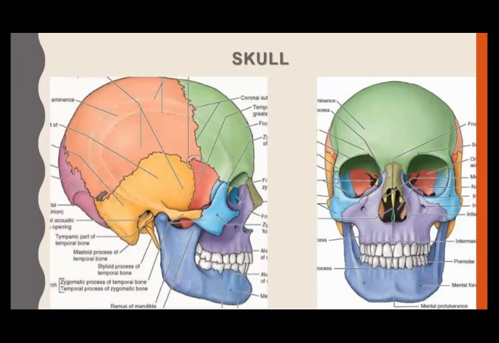So this is the frontal process of the zygomatic bone, and this is the frontal bone that articulates with the zygomatic bone. This would be the zygomatic process of the frontal bone. This is the maxilla, zygomatic bone.